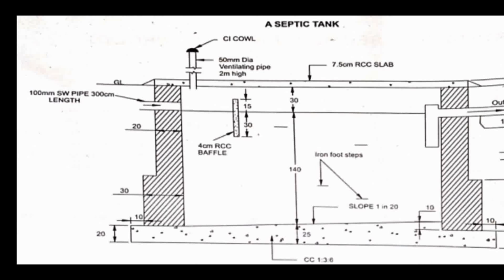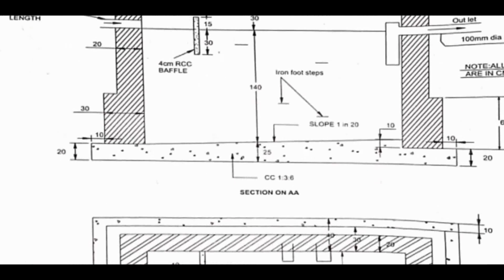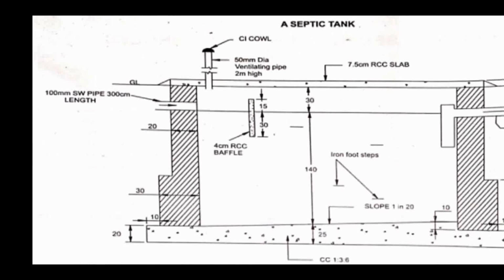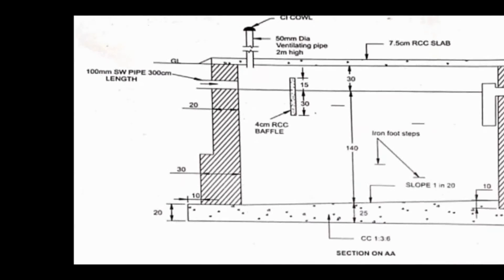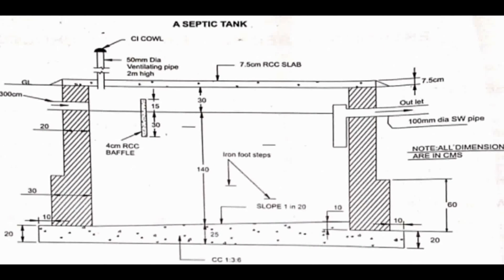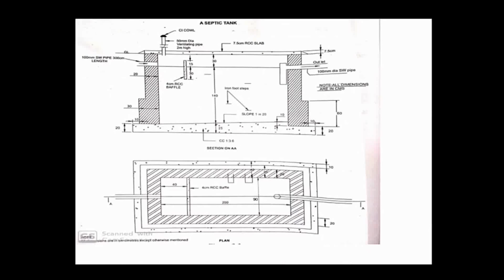Again SW pipe and then T, they had given one number. These things you have to consider. And then footsteps, here you can see the footstep. Horizontal small lines they had provided, that is your footsteps. So 1, 2, 3, 4 and 5 footsteps they had given, so number of footsteps is 5. Like this you have to consider.